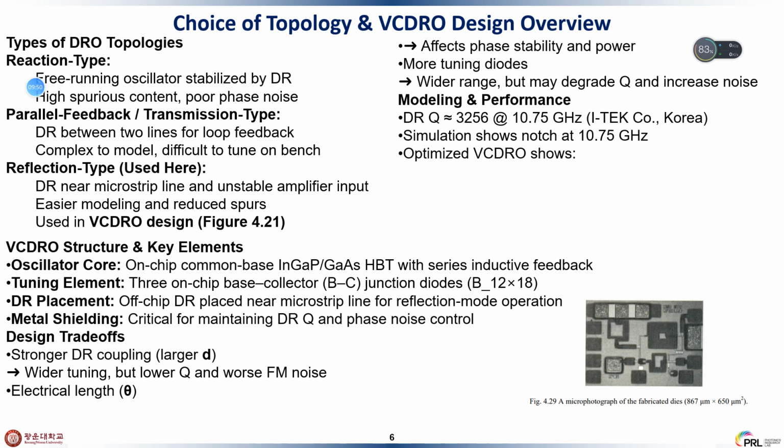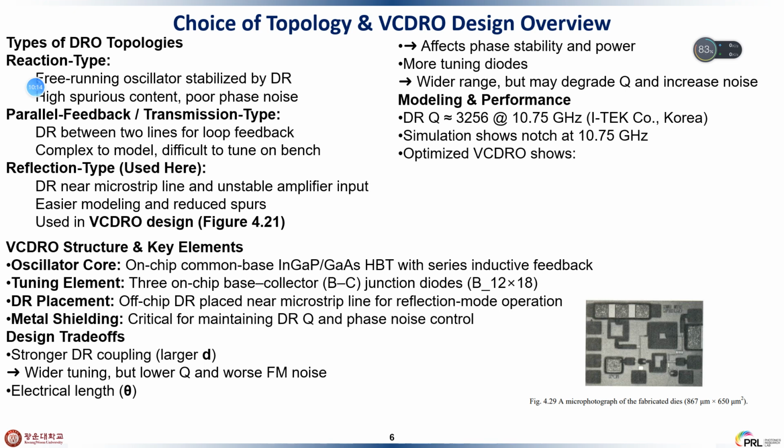So about the modern performance, we can see the Q almost equals 3000, and the simulation shows the notch at 10 GHz. About this structure, I summarized some keywords or key properties.